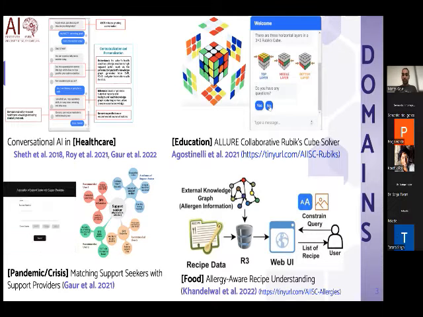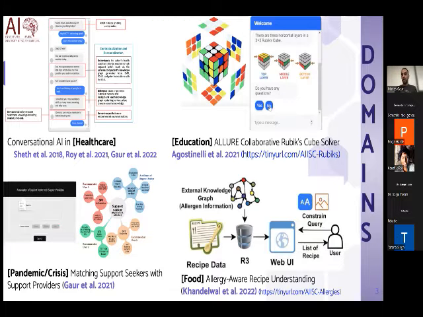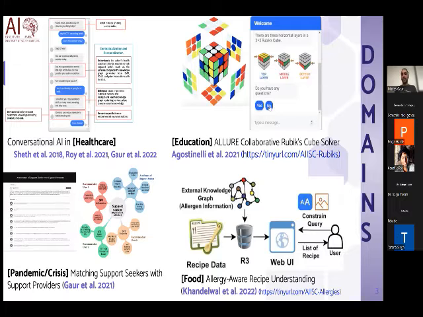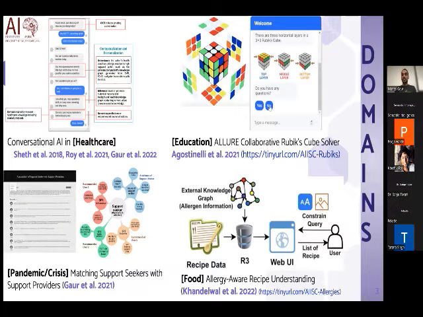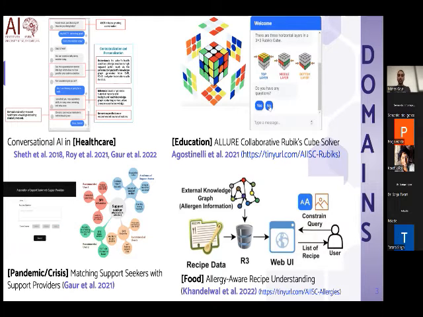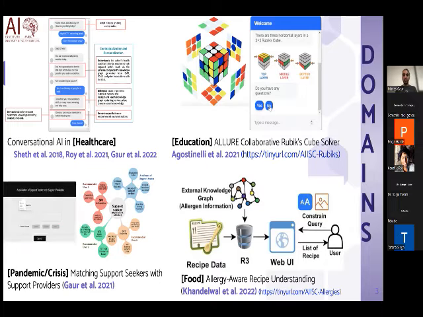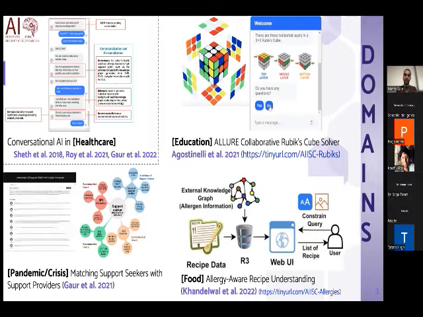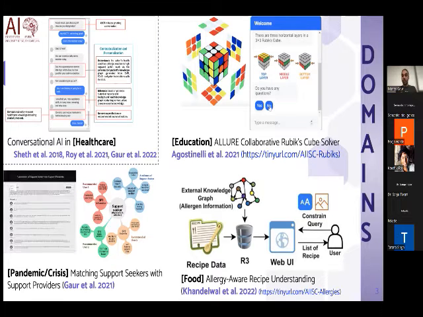Given user preferences on allergies, you can personally define a recipe so that the recommendation is associated with the user's allergy preferences. In today's tutorial, along these various domains, we will be specifically focusing on conversational AI, but whatever we are talking about today is applicable to all of those domains as well.